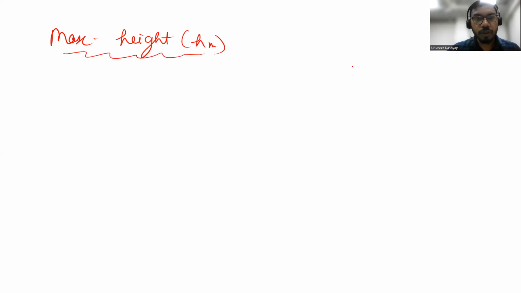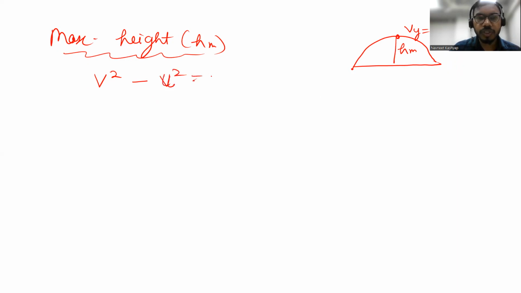The next thing of interest is the maximum height, HM itself. Again we will use the same condition that at maximum height the vertical velocity is 0. This time let's use the third kinematic equation: v square minus u square is equal to 2 times acceleration into distance.